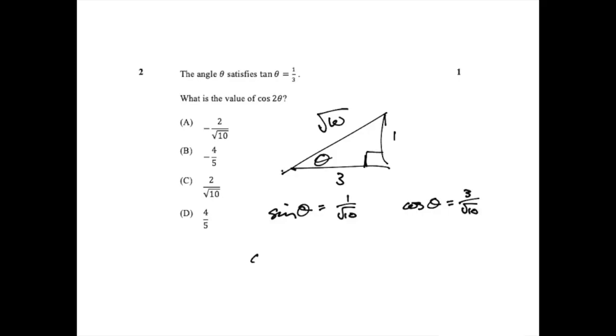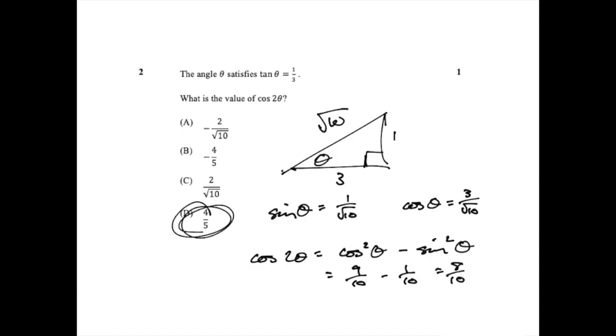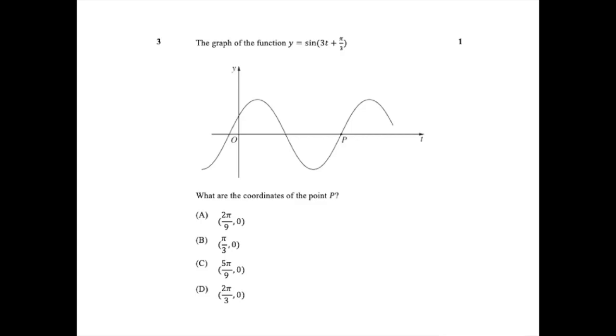Then for cos 2 theta, using the double angle formula, it's probably easier to use cos squared theta minus sine squared theta. That is 9 over 10 minus 1 over 10, which is 8 over 10, or 4 over 5.